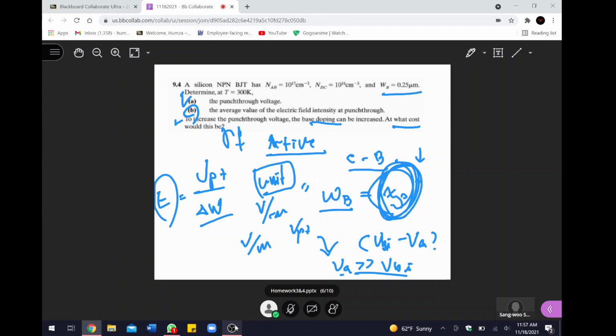When the injection efficiency is lower, the gain of the BJT also gets lower. So that circuit parameter is degraded when you increase the doping. That needs to be answered here.